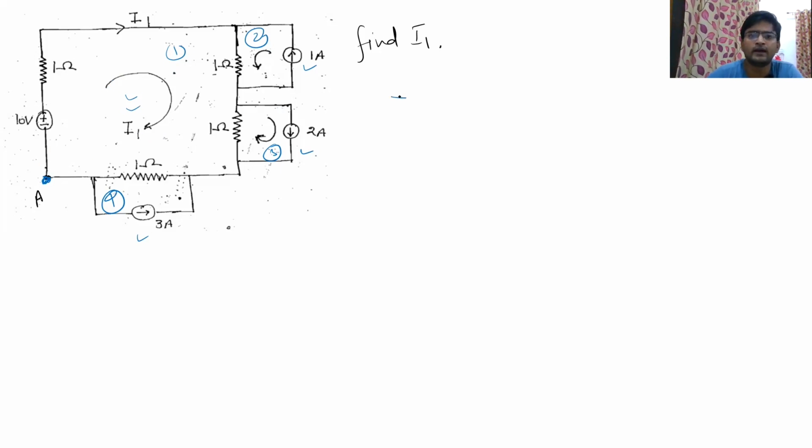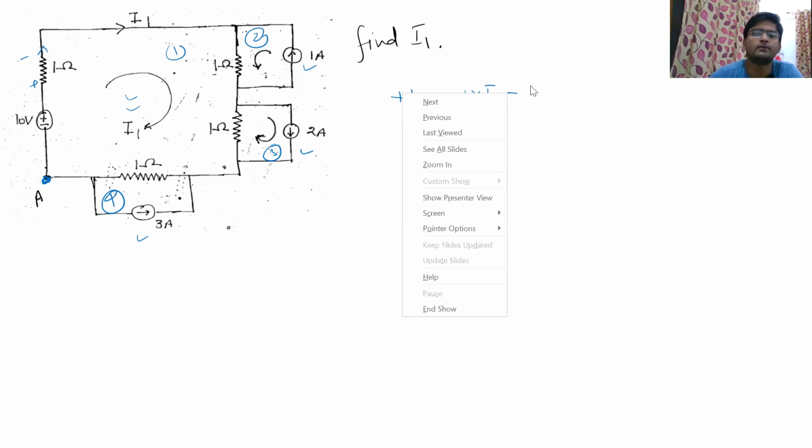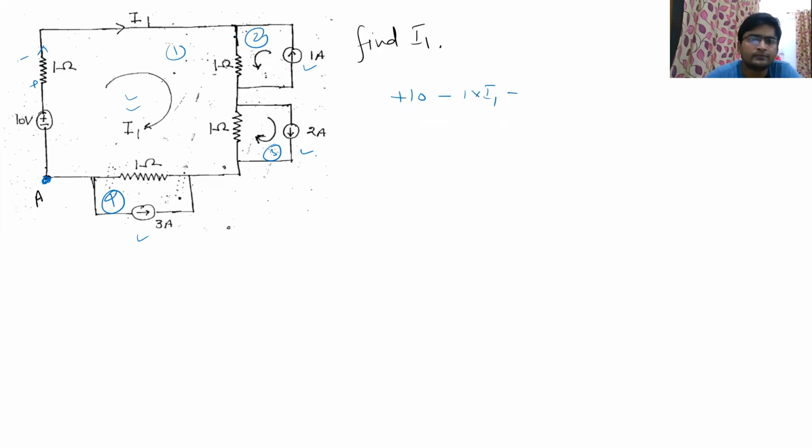So you will have plus 10. Then since the current is flowing in this direction, we will have a negative voltage drop, whose value will be 1 into I1. Now comes the important part. Here you see that this current I1 is entering this branch like this, and also this 1 ampere current is entering like this.